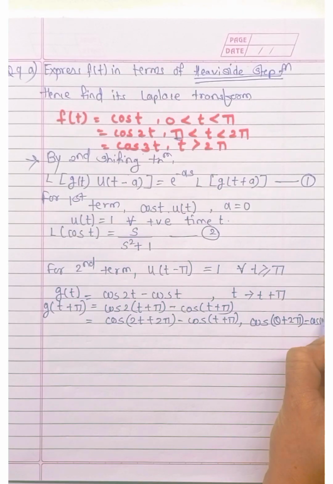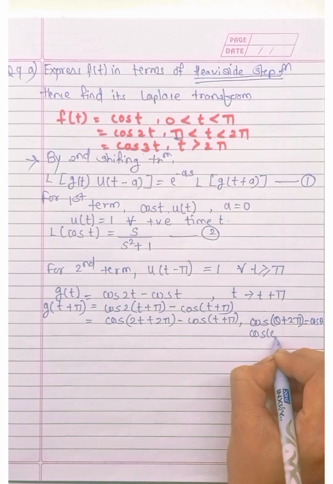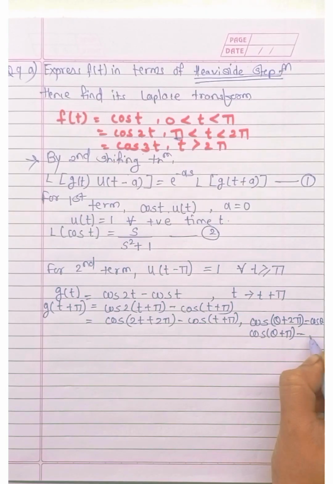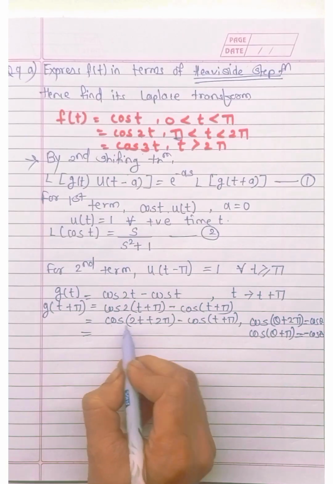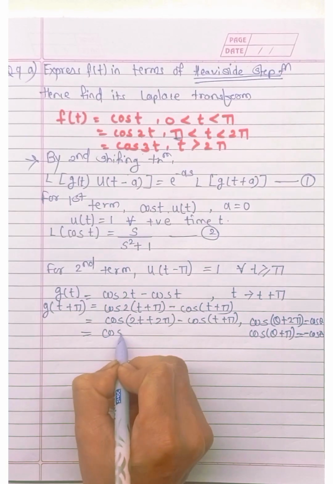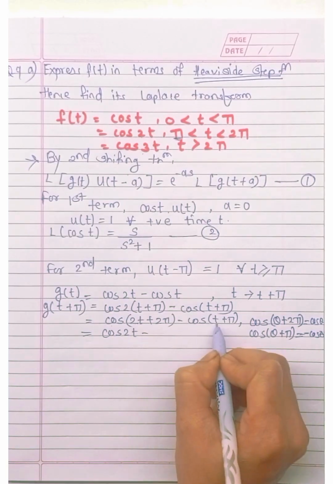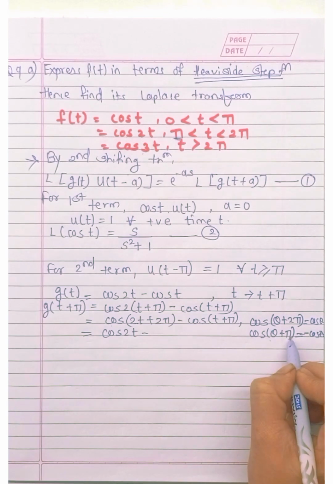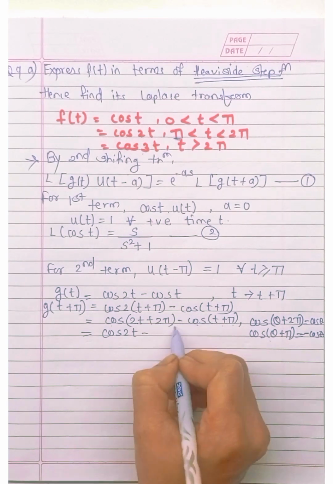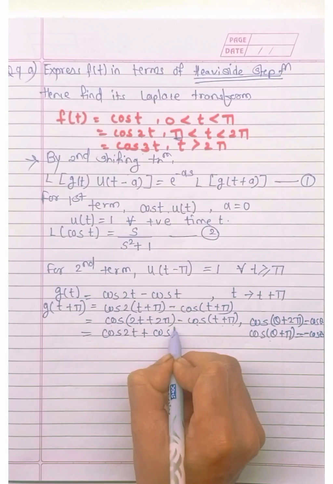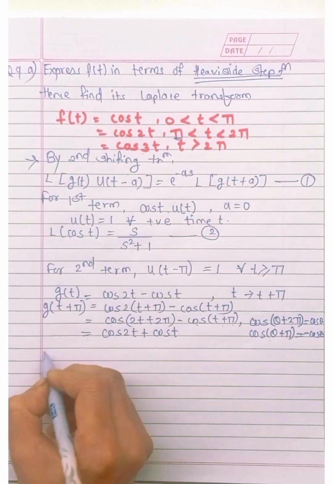It is simply cos theta. And the value of cos of theta plus pi is minus cos theta. So if you apply those formulas here, cos of 2t plus 2 pi is simply cos 2t. Similarly, cos of t plus pi is simply minus cos t. Minus of minus becomes plus cos t. Now next to that we are applying Laplace transform here.